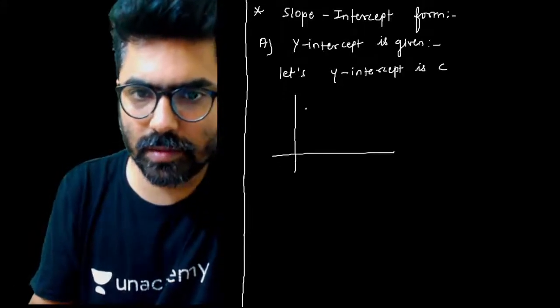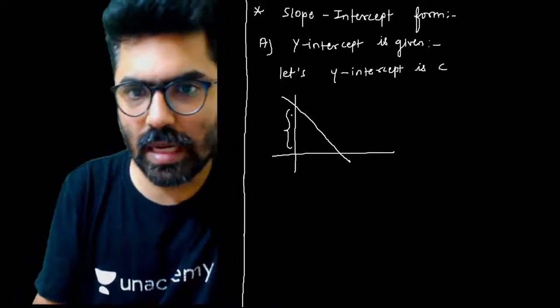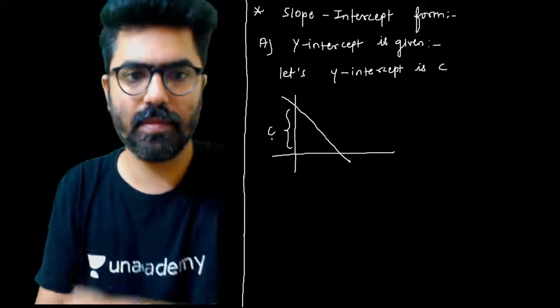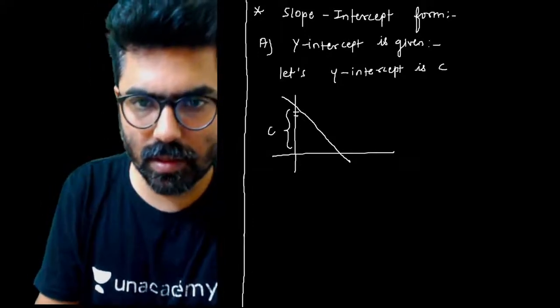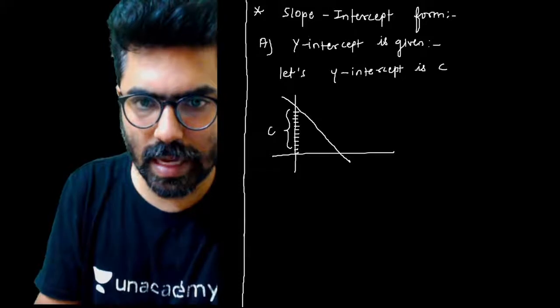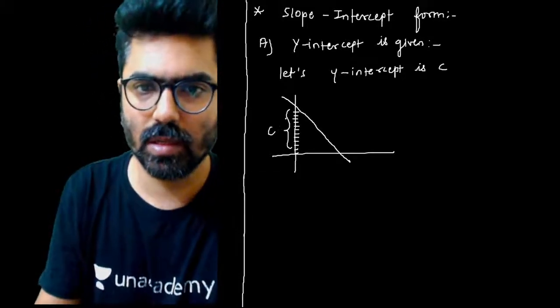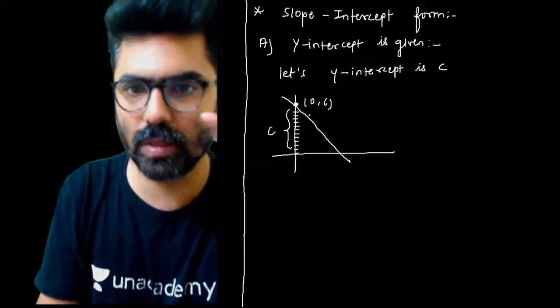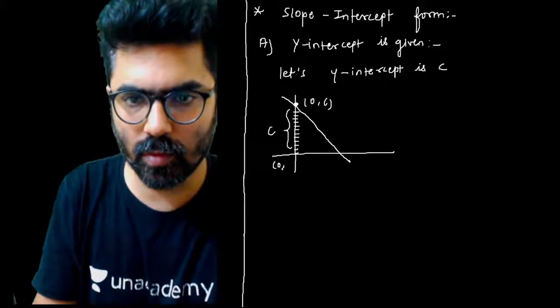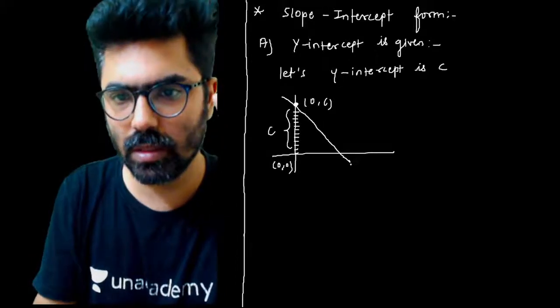I'll tell you that part. The amount of length the line cuts on the y-axis is called the y-intercept, C. So if this is given, we can say that the point over here will be 0 comma C from origin.